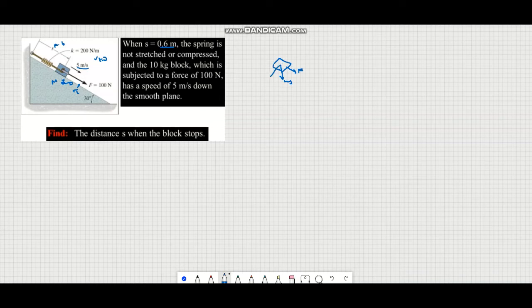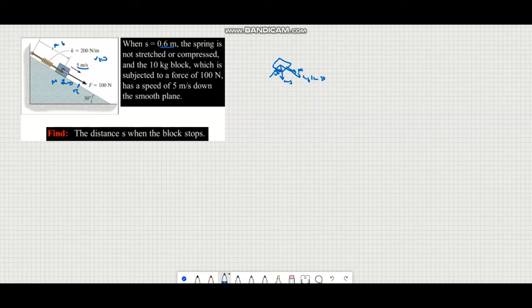The angle here is 30 degrees. The component of the weight along the incline is mg sine 30, which acts like a force and we need to add it. The normal force doesn't matter because nothing acts in the y direction and there is no friction, so it's useless to calculate it.